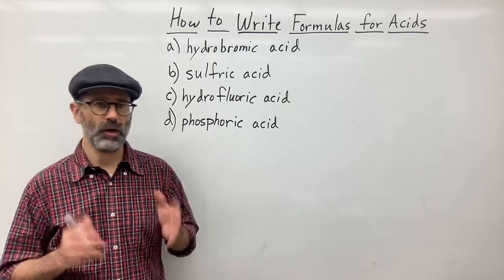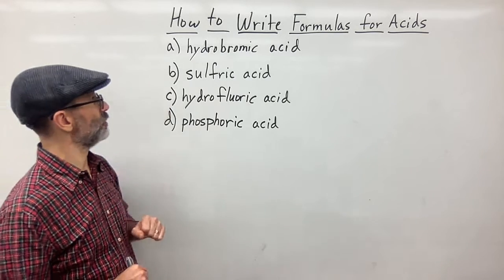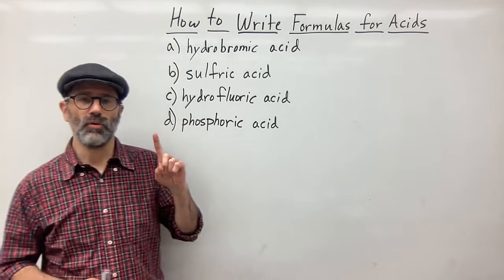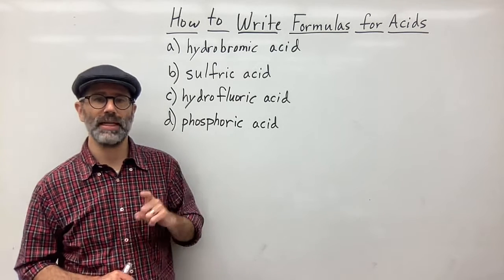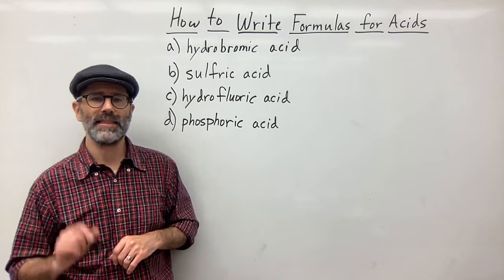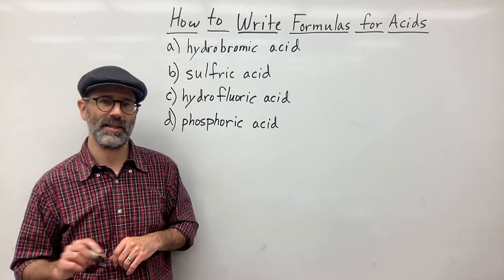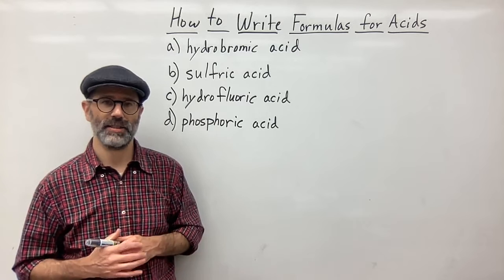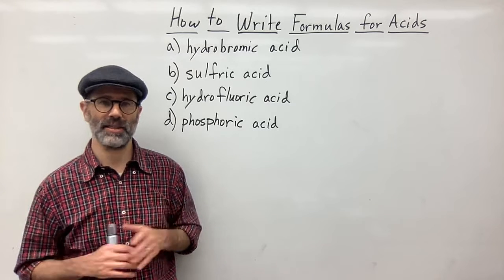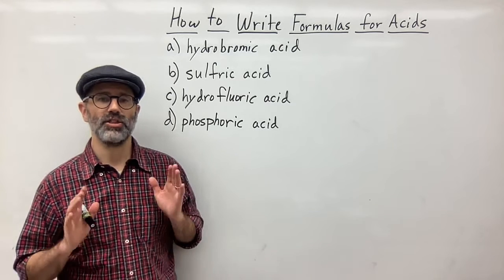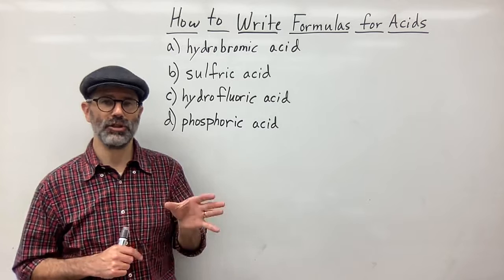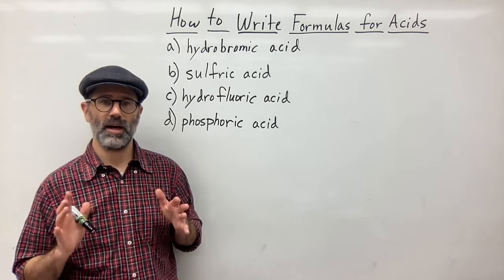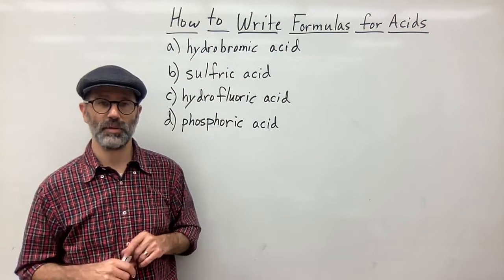So first, we have hydrobromic acid. The first thing you'll notice is that it begins with hydro. Anytime you have an acid that begins with hydro, it is a binary acid. So it's not an oxyacid. It doesn't have oxygen in it. It's just going to be hydrogen and some other element, again, usually a halide of some sort.